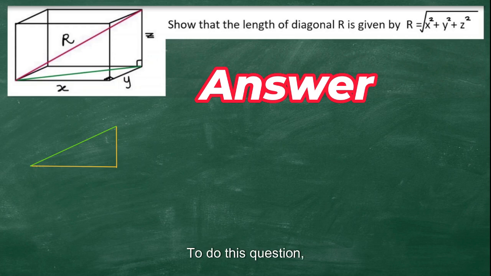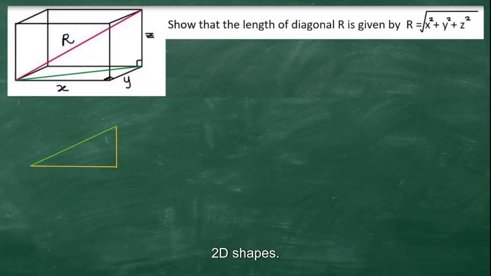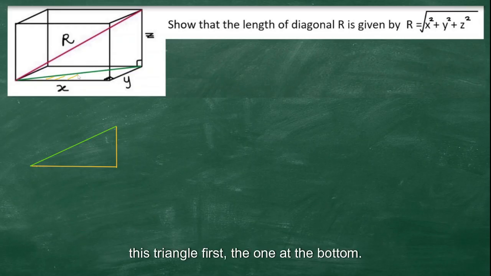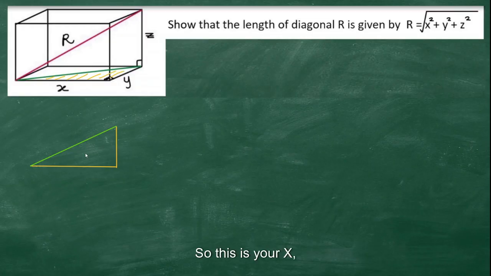To do this question, I'm going to split this into 2D shapes. So let's consider this triangle first, the one at the bottom. So this one is here. So this is your x, this is your y. And this line here is this green line.